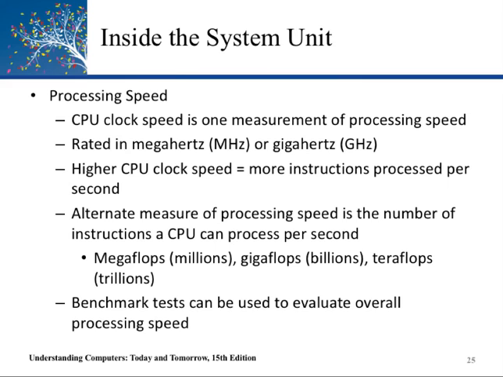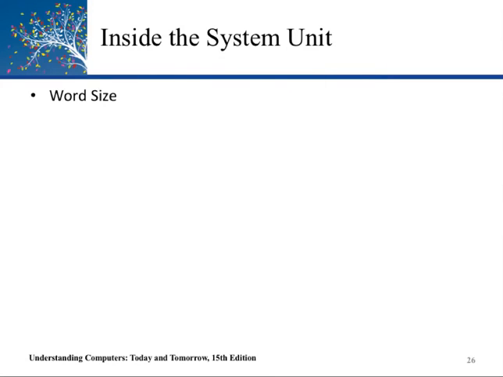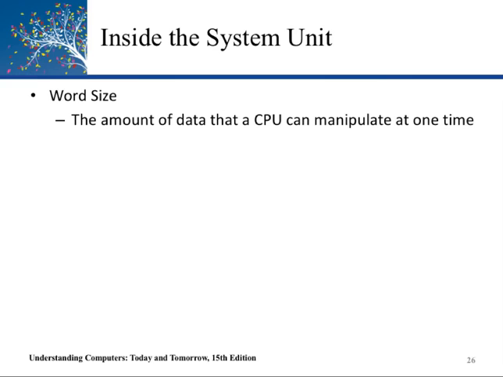So to move on, the system unit also is broken out not just in speed, but in how much data it uses at once. And that's the word size. Machines nowadays typically are 32 or 64 bit. That's how many bits it considers one chunk of data, because this processing unit works using standardized chunks of data.